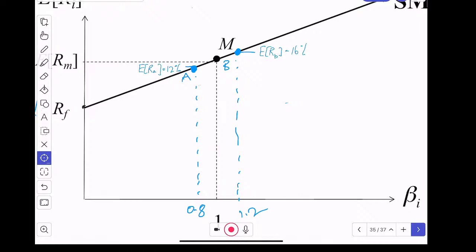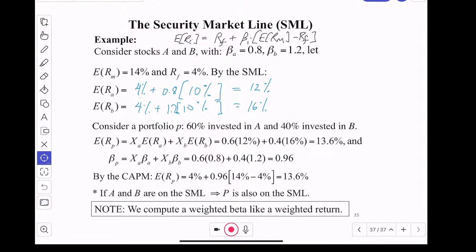So the combination I propose is 60% invested in A and 40% invested in B. So if it was $100, that would be $60 in A and $40 in B.